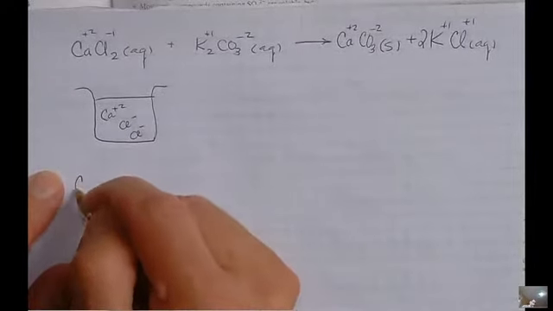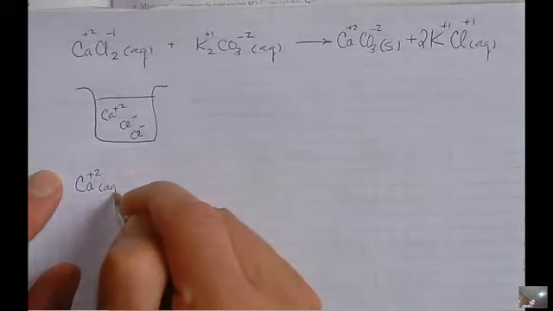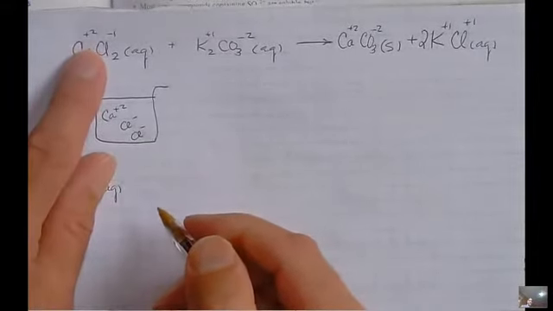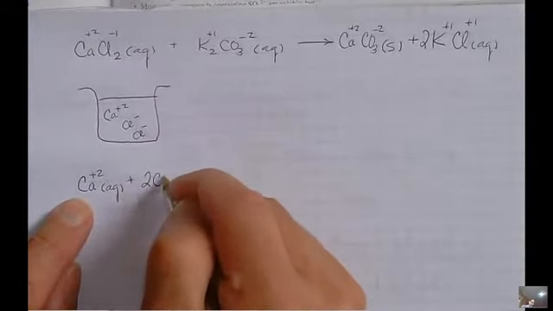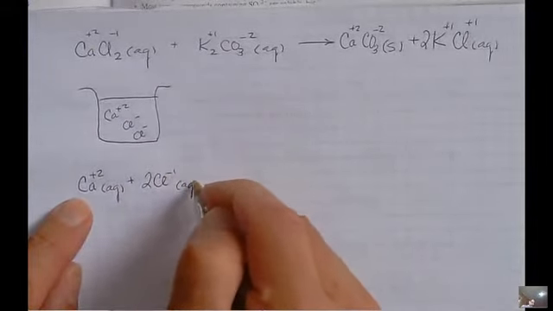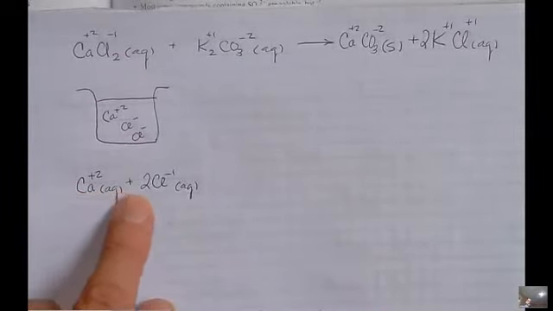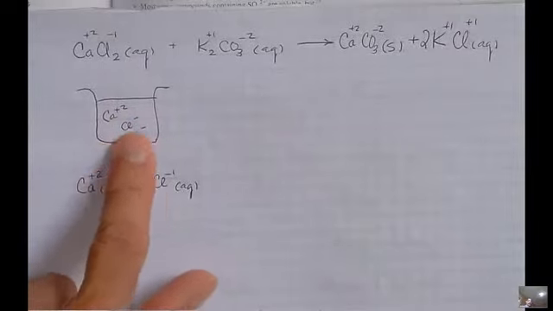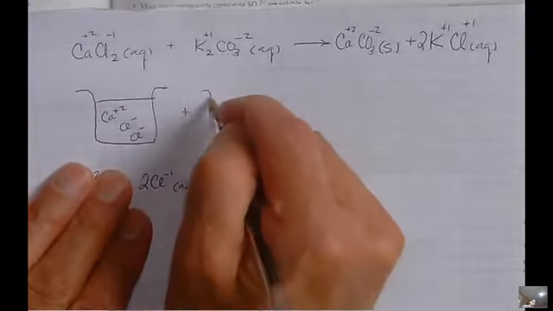Underneath, I'm going to start what's called writing the ionic reaction, where I show everything as the ions that they really exist. So that's Ca2+ plus 2 Cl-. That's what's really happening in calcium chloride aqueous. It's really broken down as individual ions floating around in the water. The solution is water. Okay.